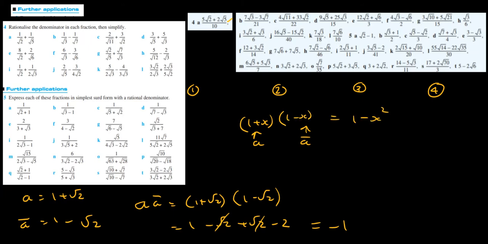This is a difference of 2 squares. If we have a plus b and we multiply by the conjugate, a minus b, we get a squared minus b squared. And you can multiply that out if you're not convinced.